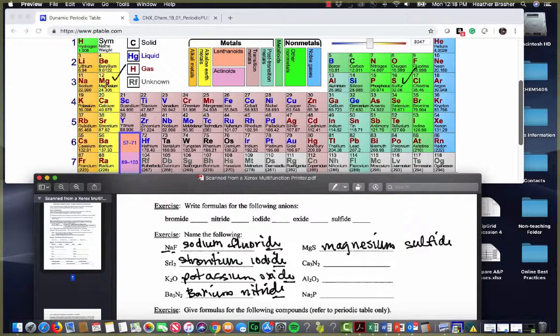Sulfide. The end. This, you look, Ca is calcium, then the end again is nitrogen, so you're going to put calcium, that's right, nitride.